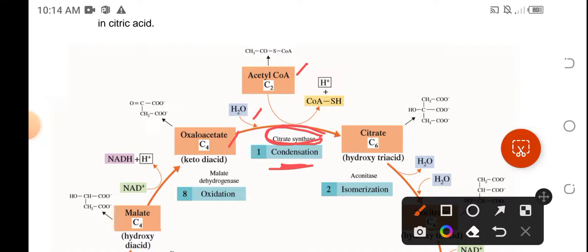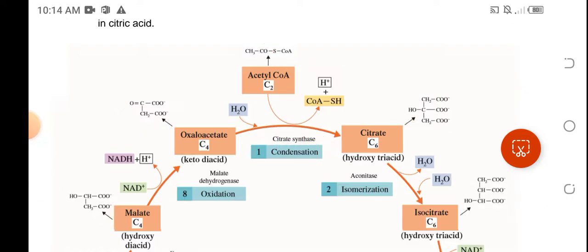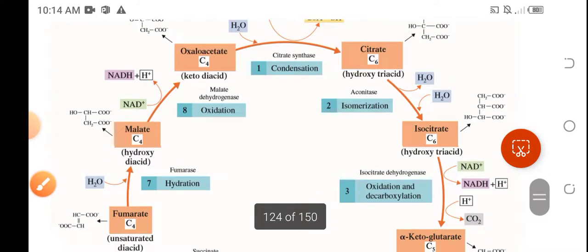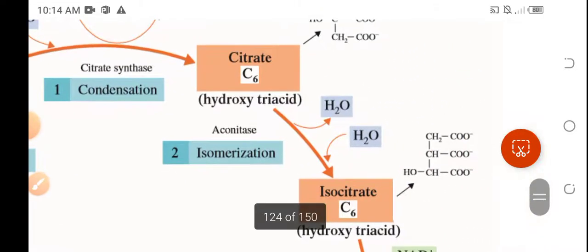Okay, so that's the first reaction for the Krebs cycle. So this acetyl group will be attached in this portion of the oxaloacetate so that citrate is formed.